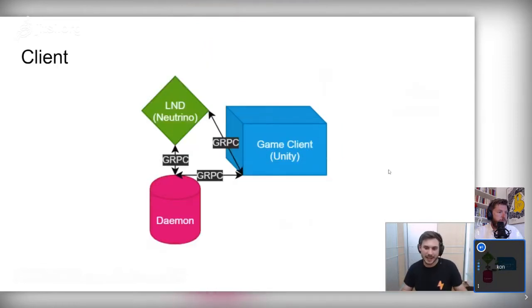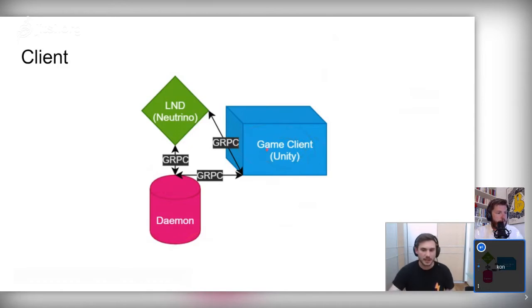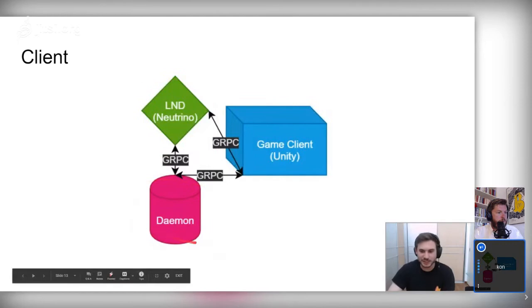This is the game client side. You have this game client, let me just have a pointer here. This is the game client. This is our normal Unity game. The other part of our client is the LND running in neutrino mode. And then the magic happens with the Donner daemon.